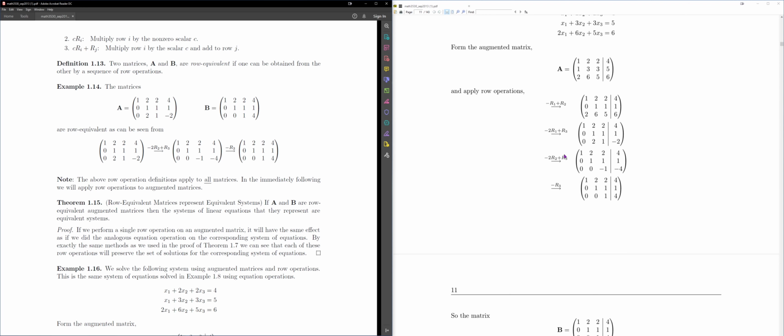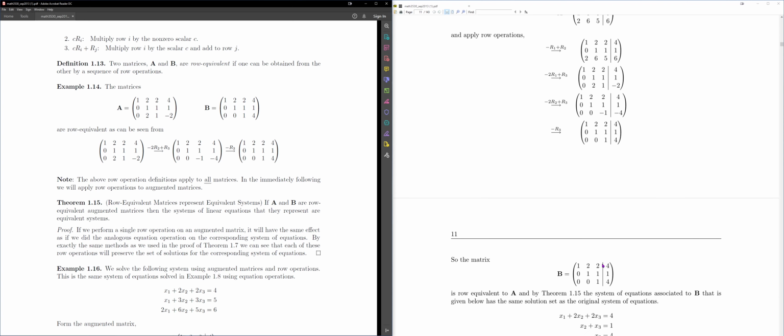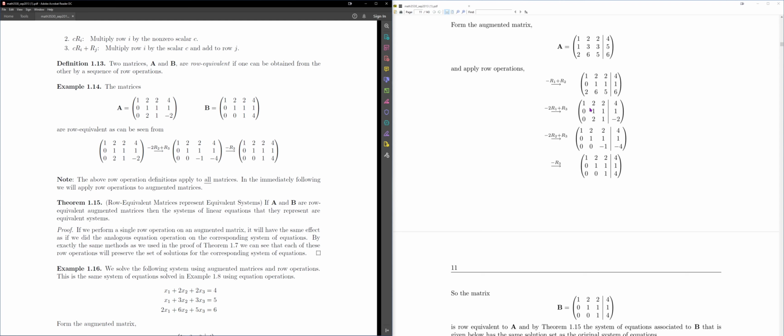We didn't quite talk about this because this process is part of the Gauss-Jordan algorithm, but you can apply row operations to this augmented matrix until you get this one over here, which has this triangular form.